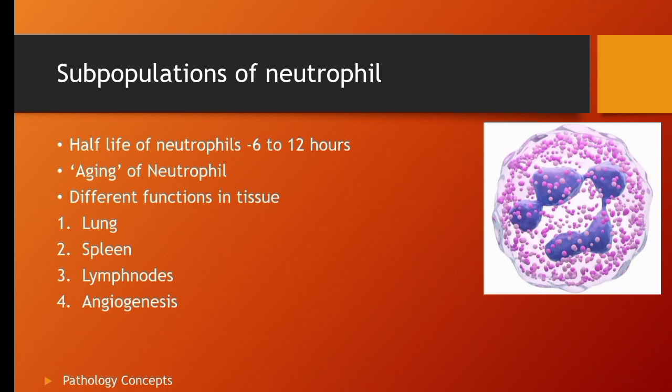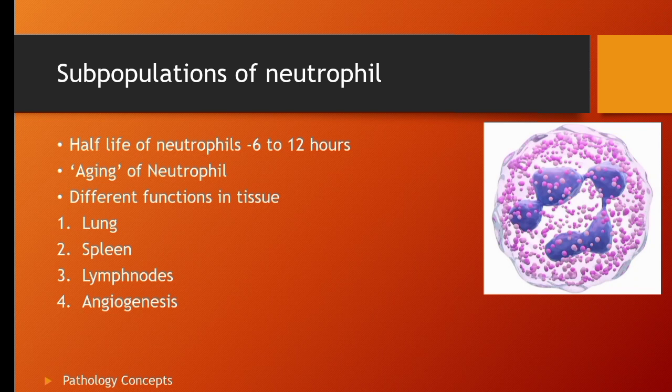Neutrophil functional response depends on transcriptional activation and changes in the expression of surface molecules, and this leads to different phenotypes of neutrophils. Thus they form various neutrophil subsets, also called subpopulations of neutrophils. The half-life of a neutrophil is around 6 to 12 hours.